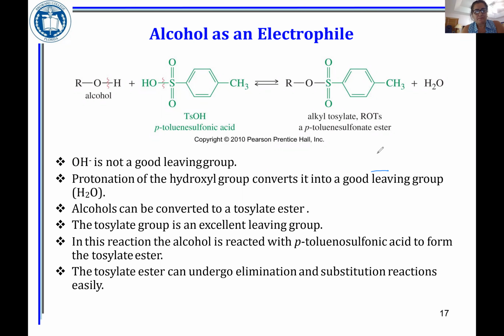SN1, unimolecular nucleophilic substitution. 1 stands for unimolecular, N stands for nucleophilic, and S stands for substitution. SN2 is bimolecular nucleophilic substitution.